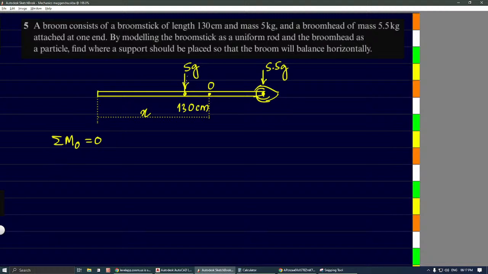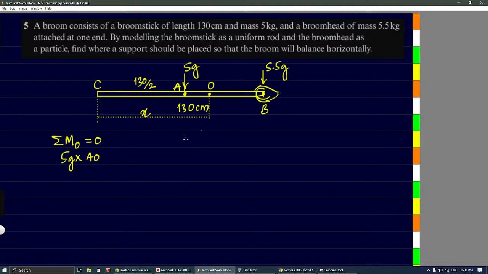So find all the moments about this point one by one. 5g. What is the distance here? This is 130, so this one will be 130 by 2. Let's give some names here: A, B, and C. So we want distance AO, and this is moving in anti-clockwise direction, so plus.